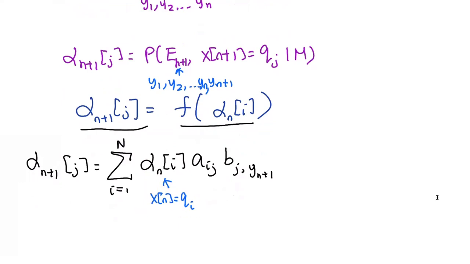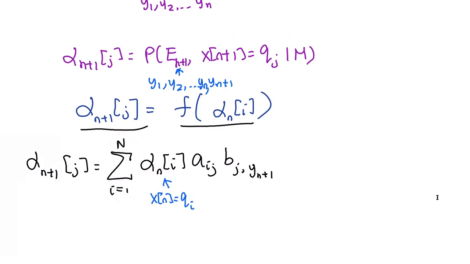But because this is the latent variable, I don't observe which state the system is actually in at time n, so I have to marginalize. I have to take into account all the possible states the Markov model could be in at time n. That's why you have the summation from 1 to capital N: at time n, I could be in any one of the capital N possible states, right?